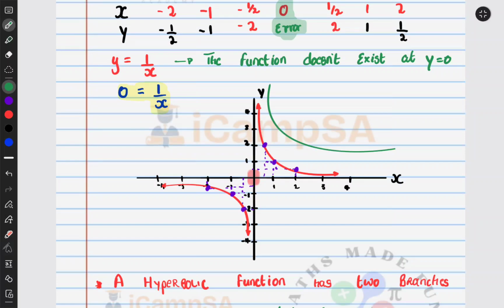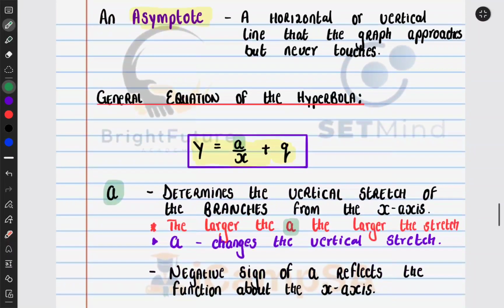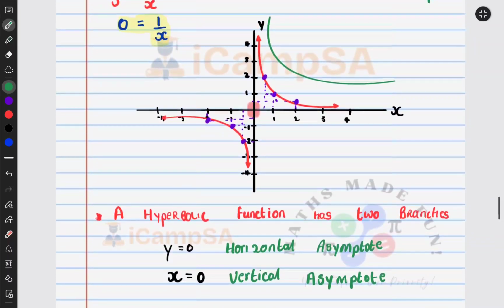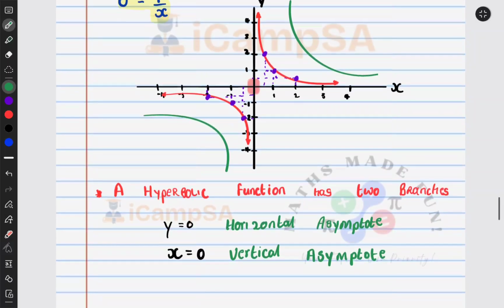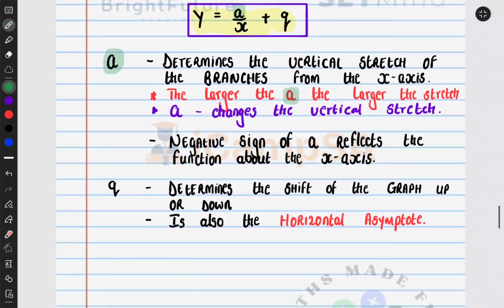But we're going to do an example to show what we are talking about. So a determines the vertical stretch of the branches. How far are the branches going to be? The corresponding branch maybe will be here if we change the value of a. The function is located a bit further from the x-axis. That is a function with an increased vertical stretch.